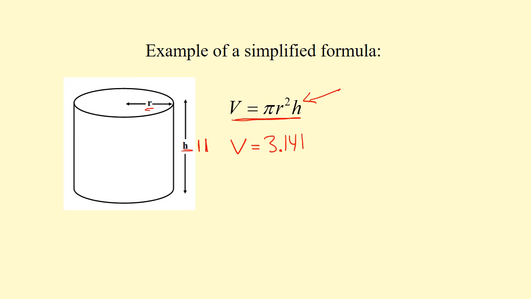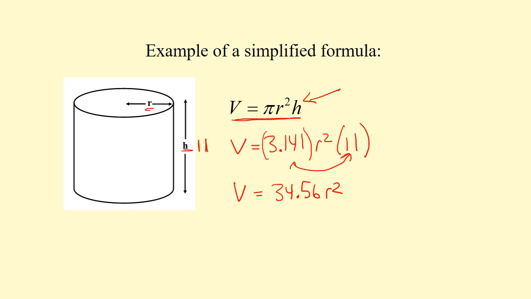And so we're going to plug in the numbers we know. We don't know the radius, that's the unknown value, but the height is 11. So if we go into our calculator, we can multiply these two values here, and we get the volume equals 34.556r squared. So this is a simplified formula here.